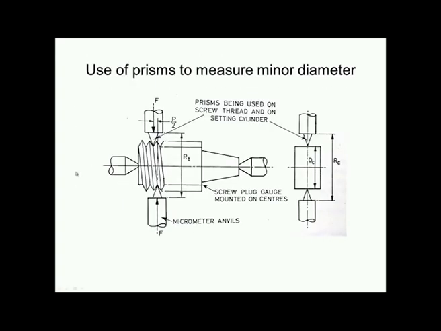Now, you can see here, these are the prisms. This is the prism being used on the screw thread as well as on the setting cylinder. The prisms will look like this.